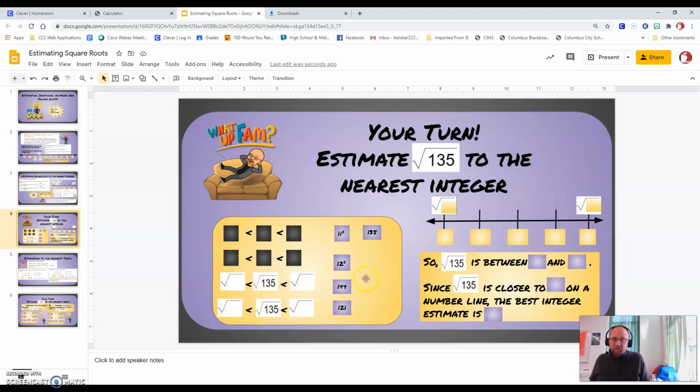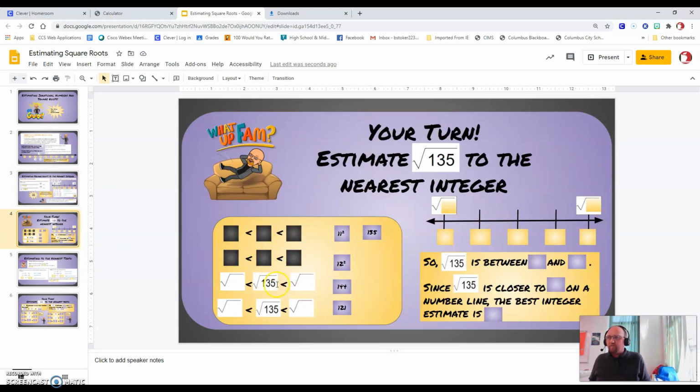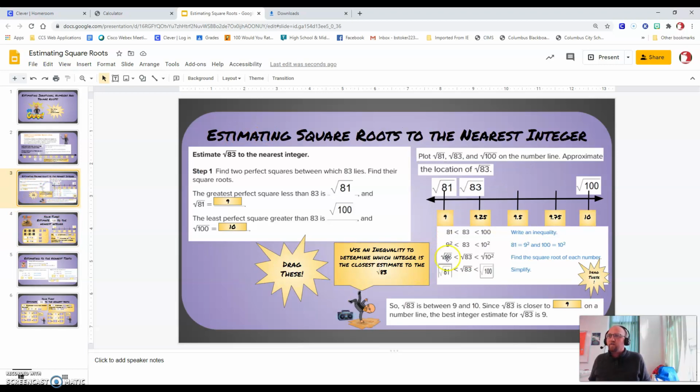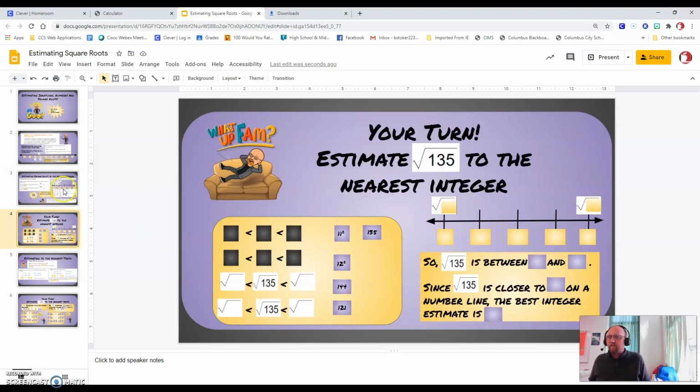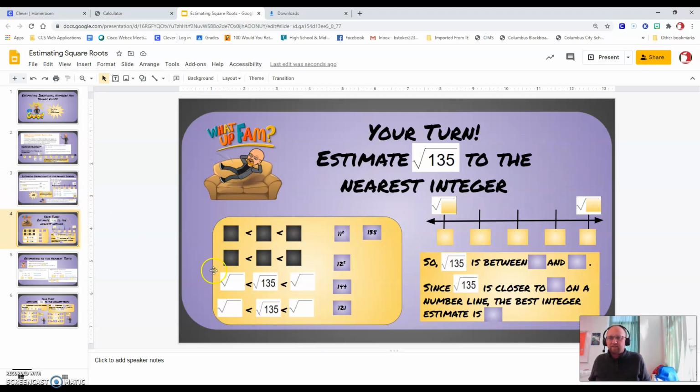If you're confused as to what to do, go back to slide 3 and look at this example. The only difference between slide 3's example and the one in slide 4 is that the numbers have changed, but everything that you need to solve and do is the same steps.